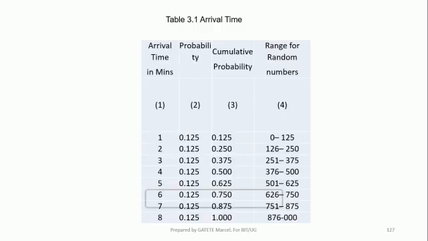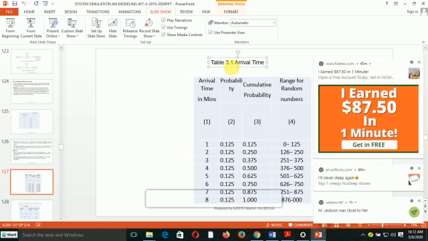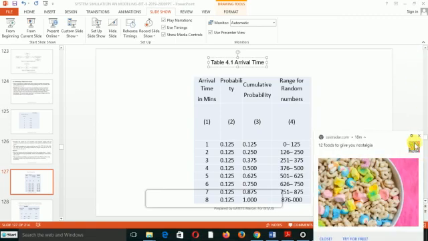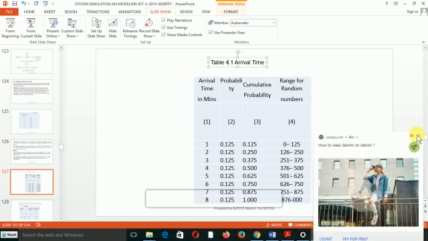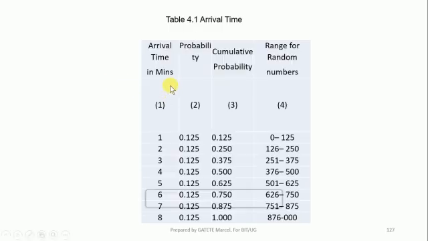Okay, no problem. If it is 4, here it is 3. Table 4 is this one. So can I adjust it?